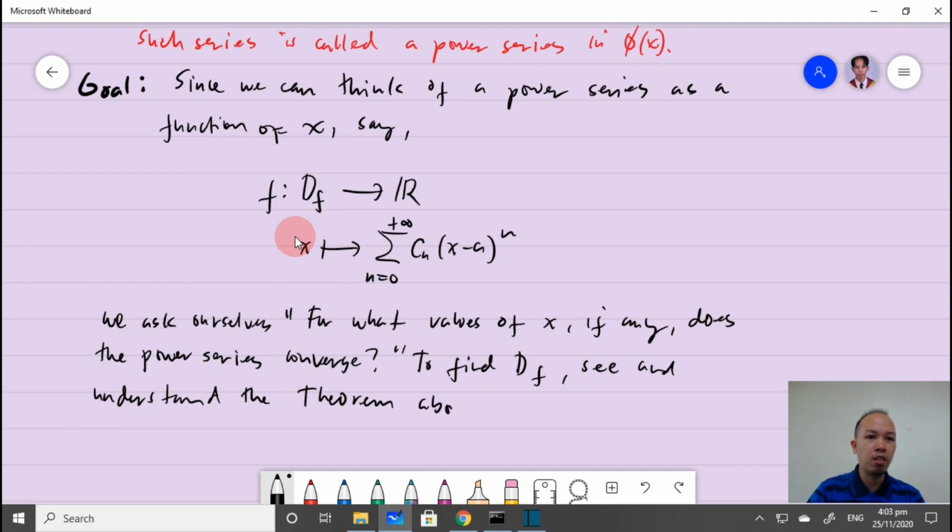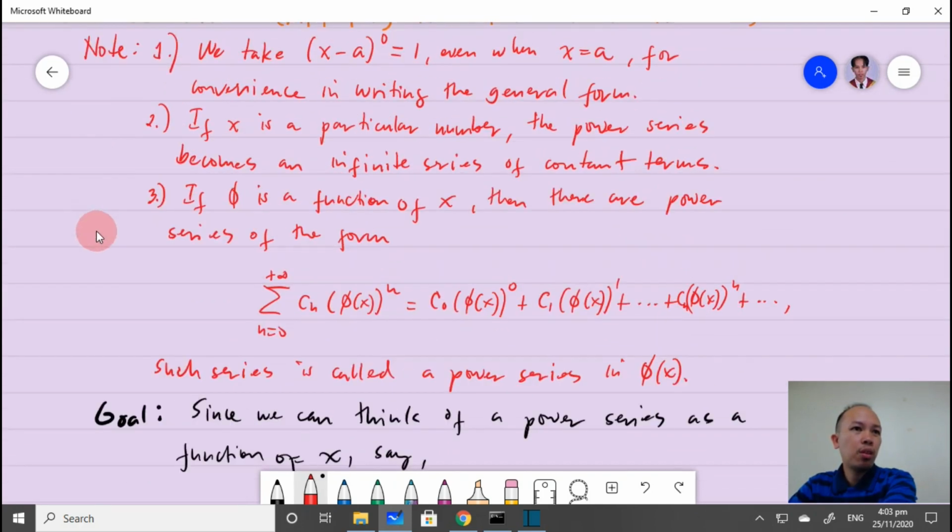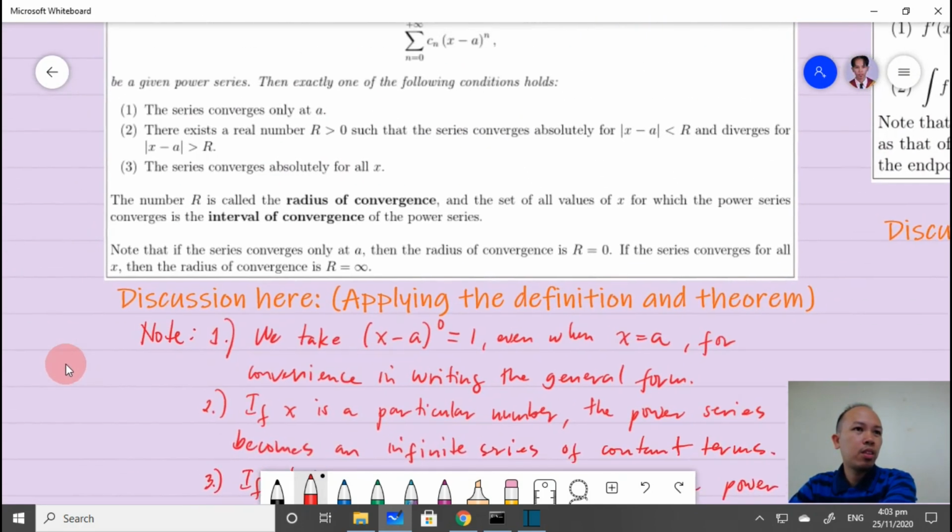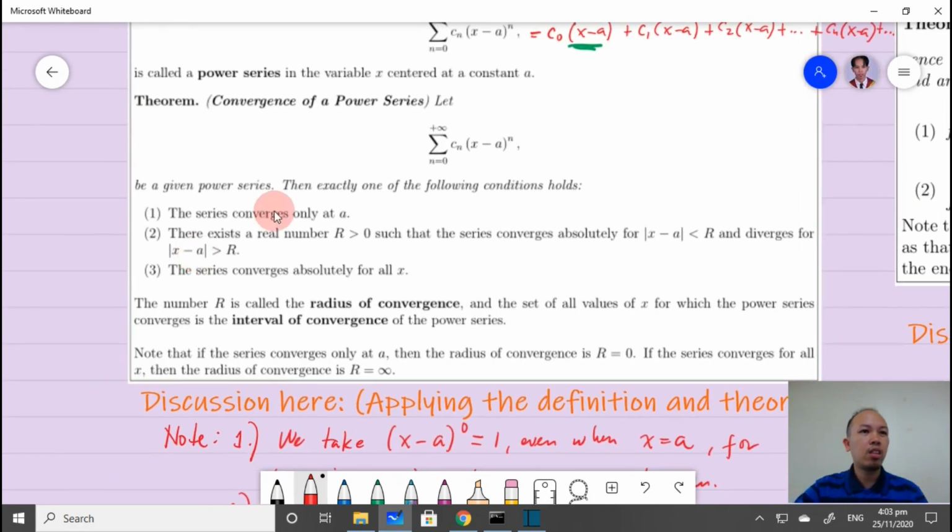The theorem that I am talking about is this one, on the convergence of a power series. You're given a power series, and exactly one of these three will hold, meaning to say the domain contains only one number.